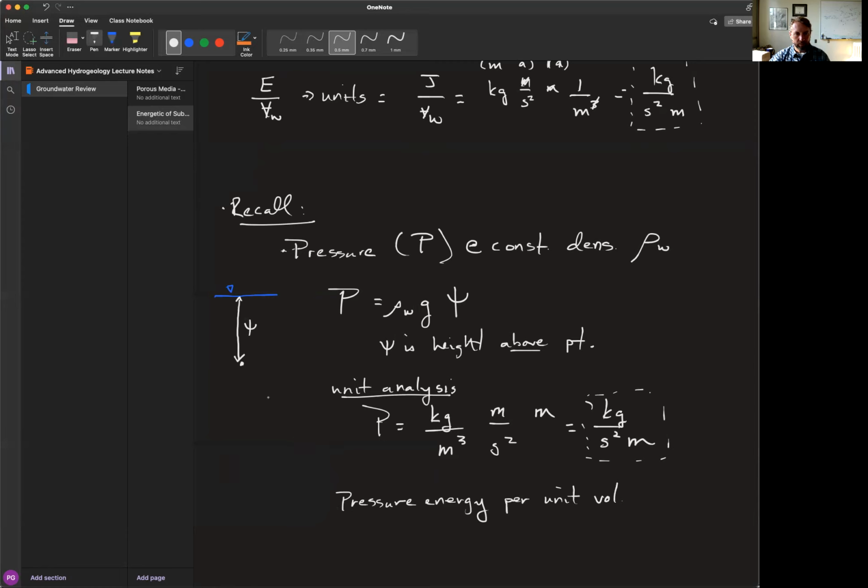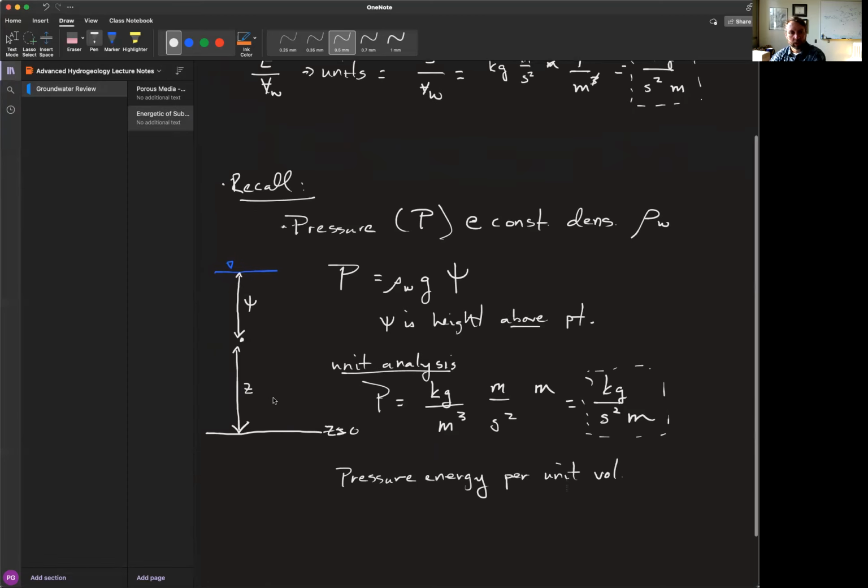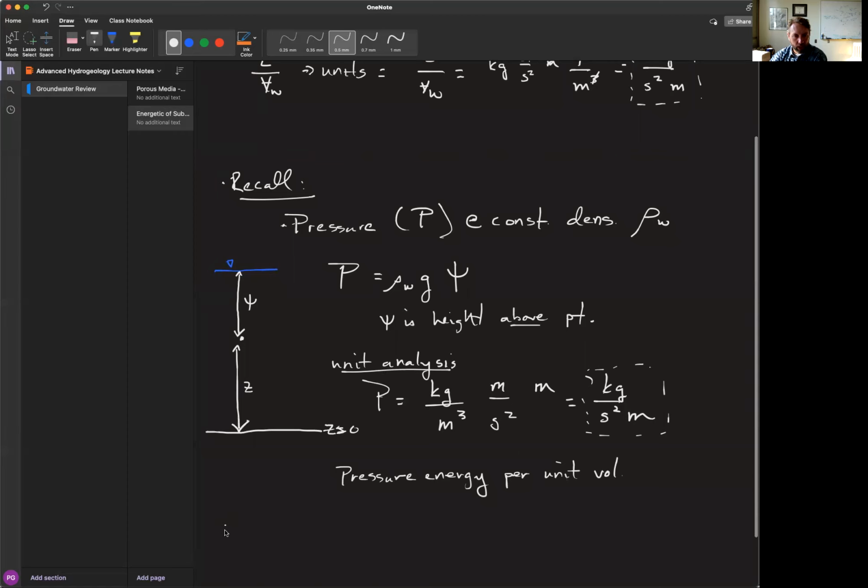Now let's consider the potential energy. So let's say that our point here is elevated above some datum where z equals 0. We know that in general, water wants to flow from high elevations to low elevations, or high potential energy to low potential energy. So let's look at potential energy.